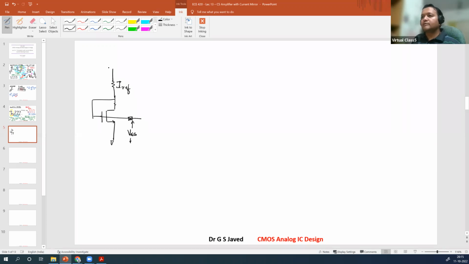This is grounded, VDD. Now, it is very simple how to do it for NMOS. We have seen the previous slide. You clip an identical V bias point and you will be able to generate the same IL here, M2.